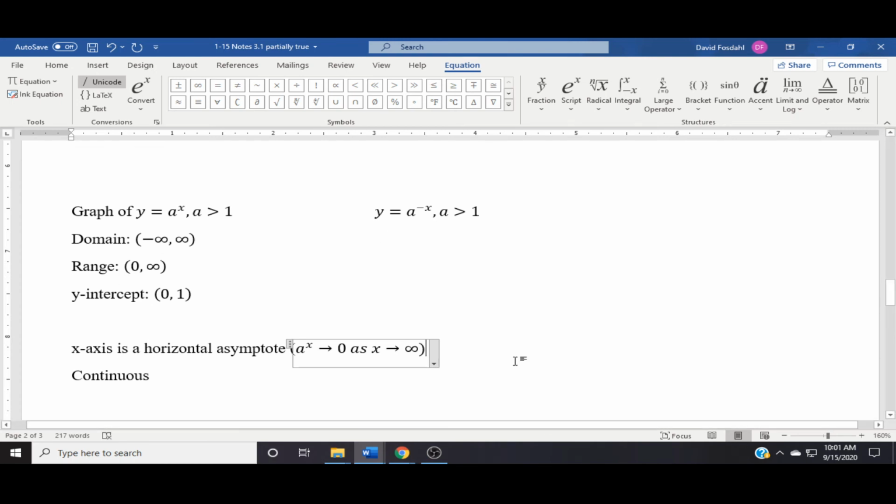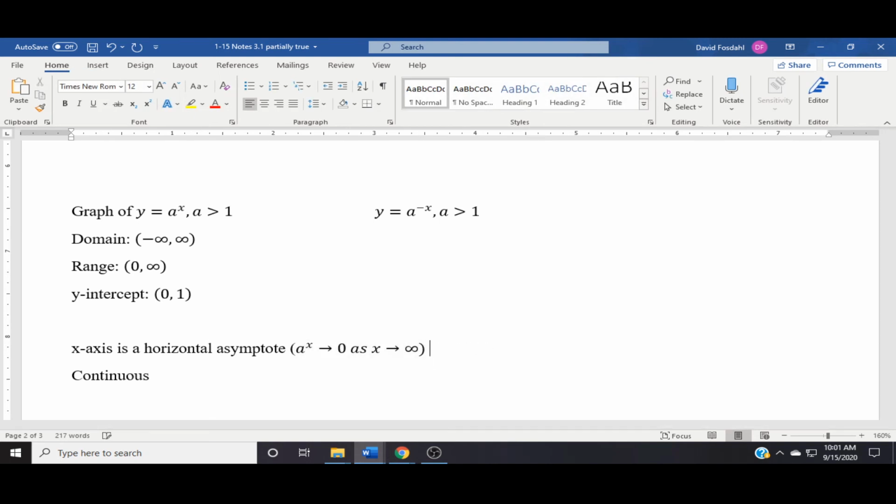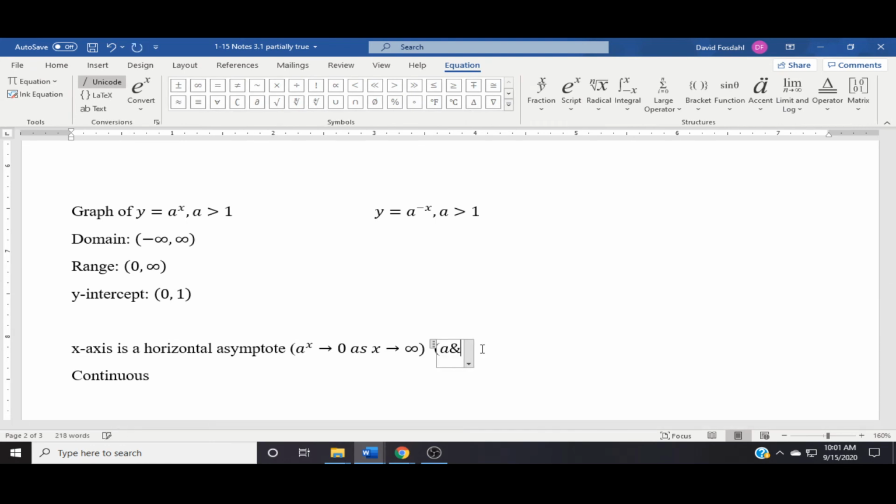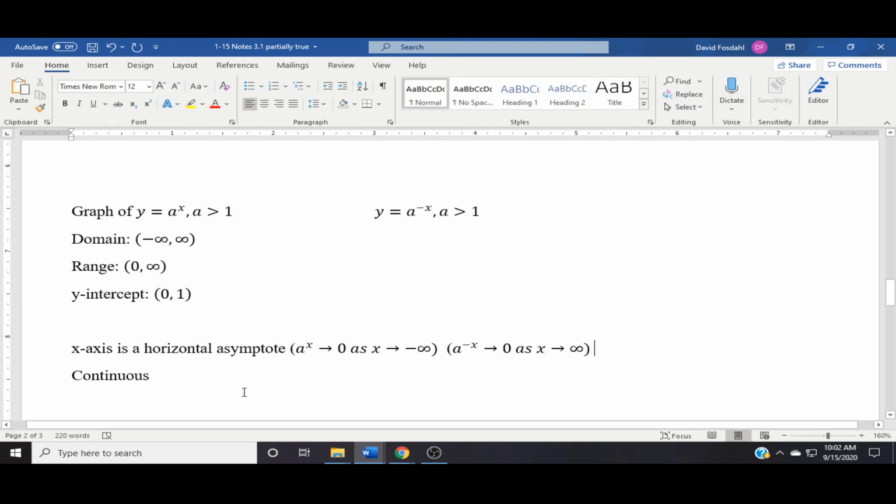And this is going to be true for the other one, except the difference is that a to the negative x approaches 0 as x approaches infinity. And you could just look at the graphs, it'll show. Okay, they're continuous, and that's all.